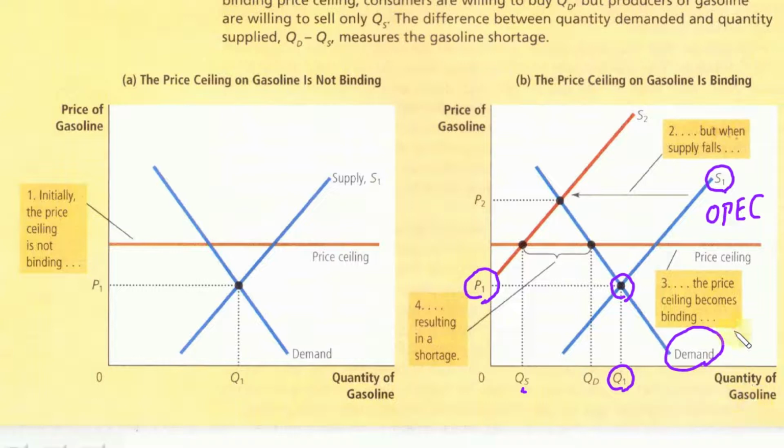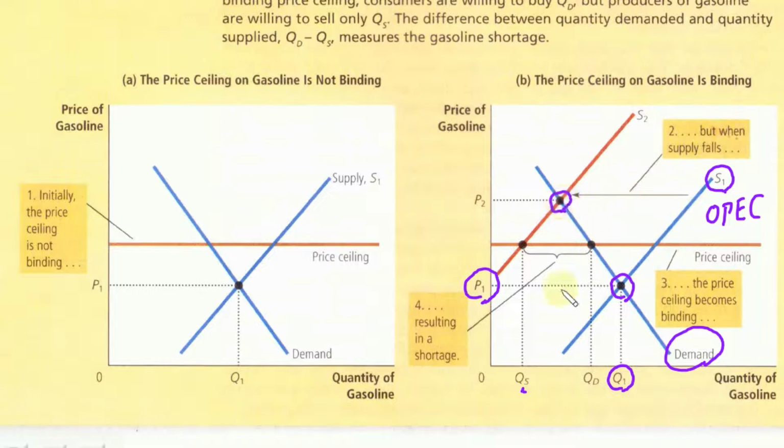But this time, to reduce the quantity, this bar should move left, not right. Okay, right here. Then this is the new equilibrium by OPEC's reductions of oil, right?